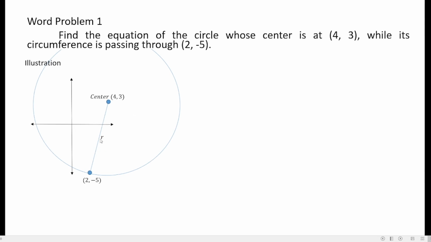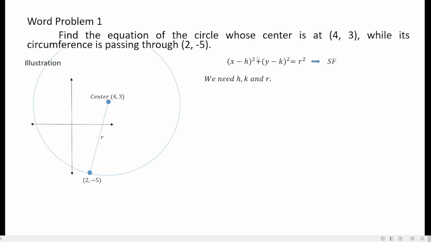Okay, so we have here the center (4, 3) and (2, -5) as the point on the circumference. We will now solve for the radius, because if you recall, the standard form of the equation is (x - h)² + (y - k)² = r². For us to get the equation, you must have h, k, and r.